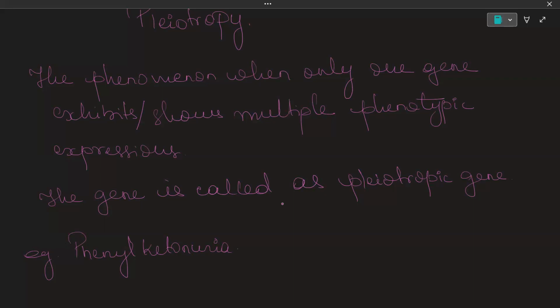Because whatever gene is responsible for coding the enzyme phenylalanine hydroxylase is mutated, so this enzyme is not synthesized much or not at all. This results in the human being having the disease phenylketonuria, and in this disease, mental retardation, reduction in hair, and skin pigmentation take place. Got it? Is it clear to everyone? Yes, ma'am. All right, very good.